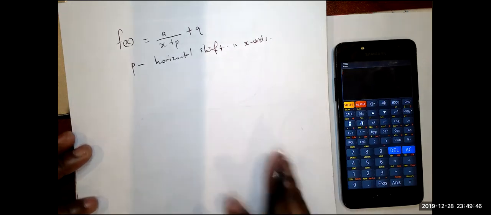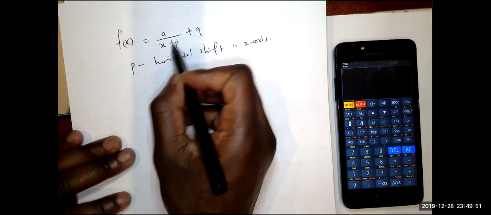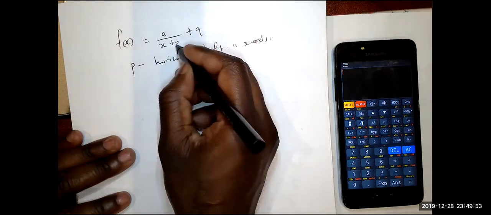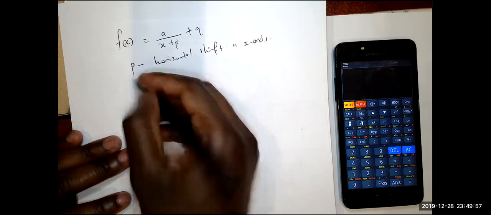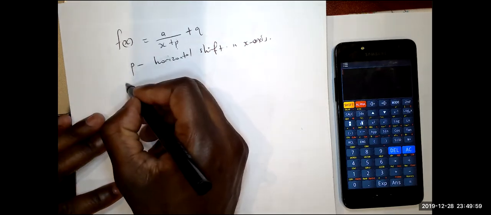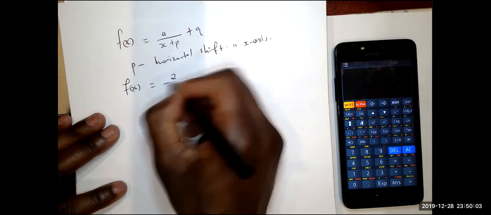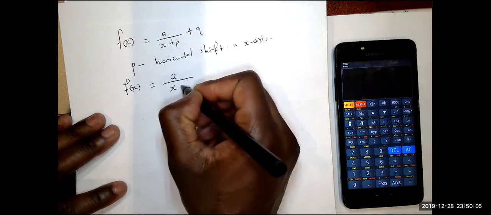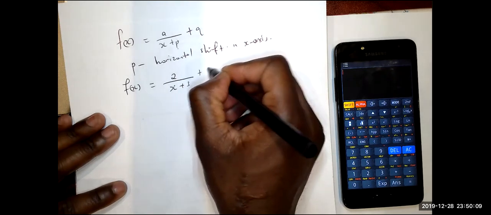So what am I saying here? If we are to draw something here, let's see, f of x is equal to 2 over x plus 3, plus maybe let's say 9.